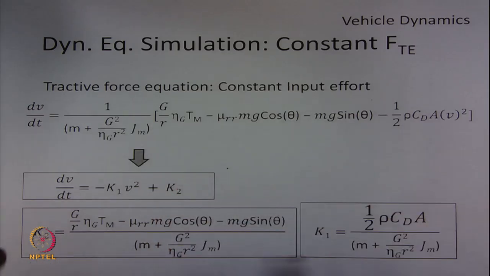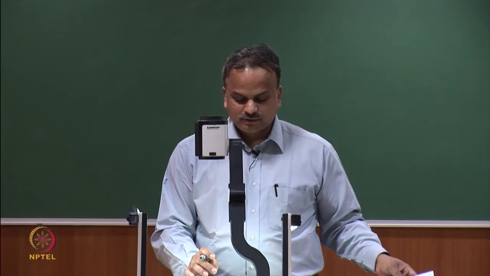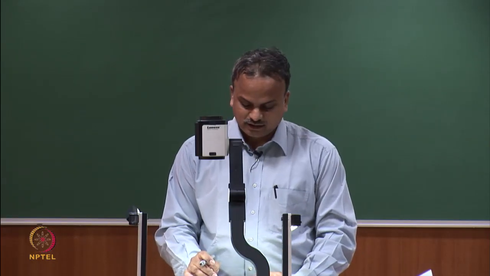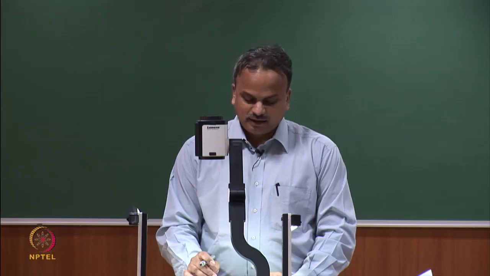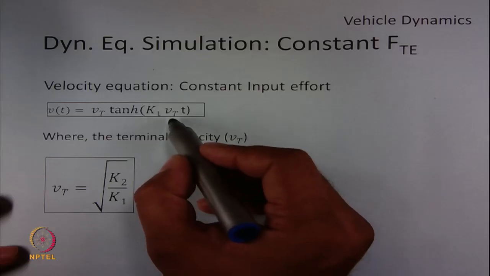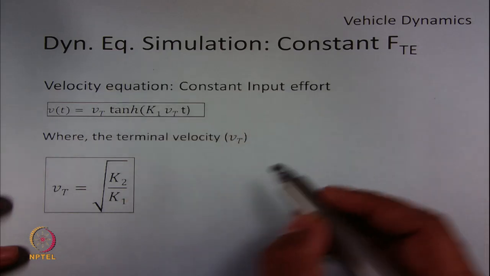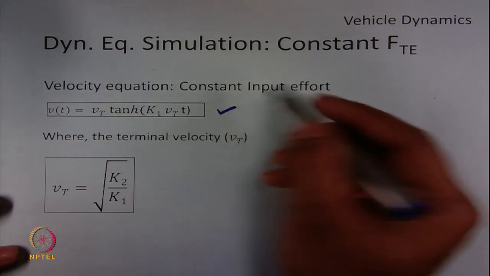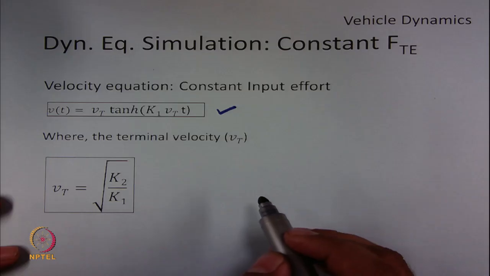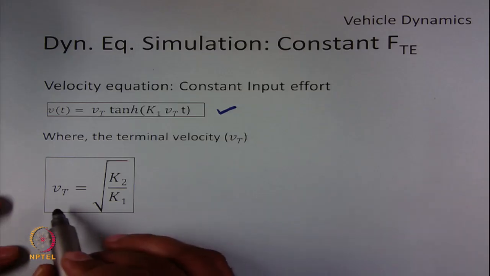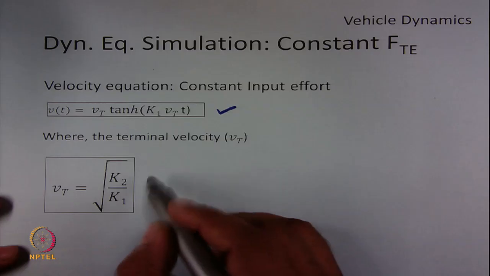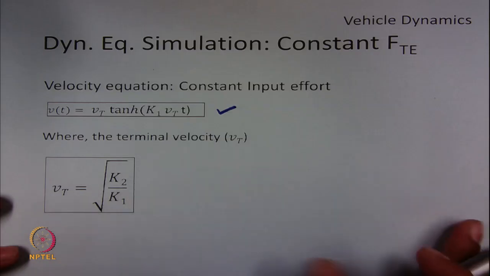So K1 and K2 have these values, and we have solved this equation and rewritten them in terms of terminal velocity and K1. So this was the equation we have derived, where the terminal velocity is root over K2 by K1.